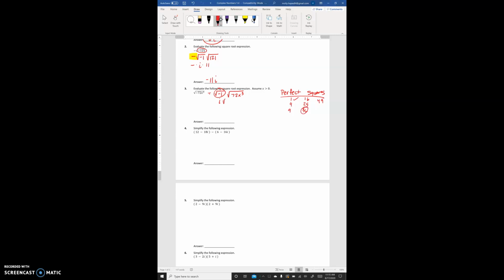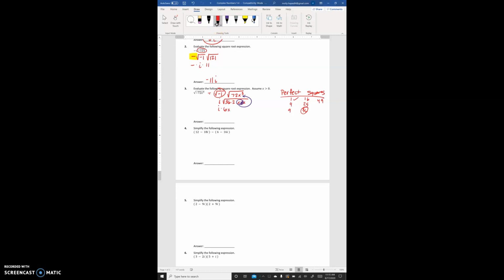So I'm going to rewrite this as 36 times 2, and then I've got 3 x's. That's x to the third. So the square root of 36 is 6. All right. I've got a group of 2 x's here, so one's going to come out of the square root symbol, one's going to stay inside, and this one kind of goes away when I break that out.